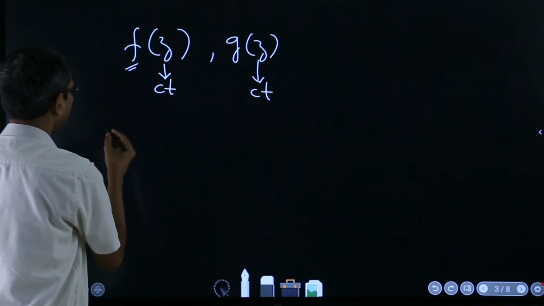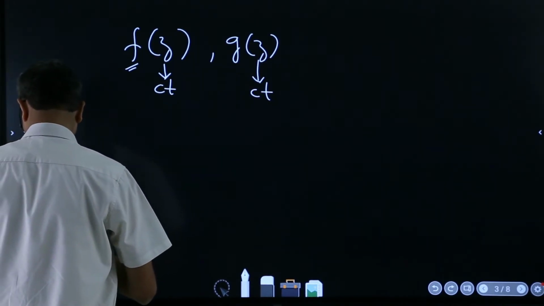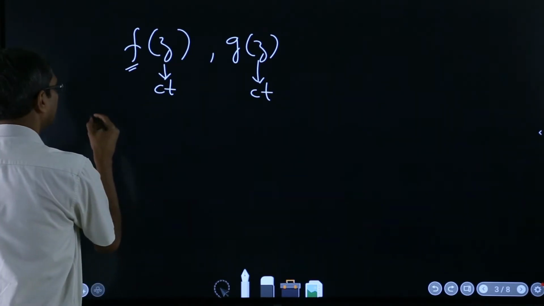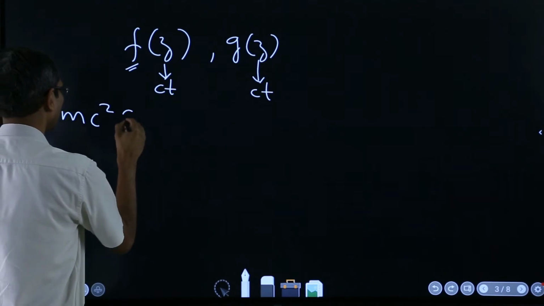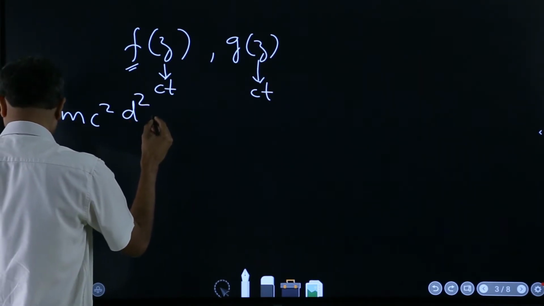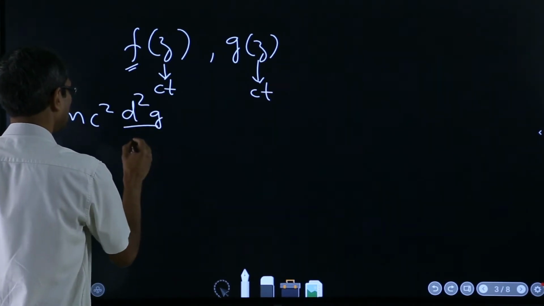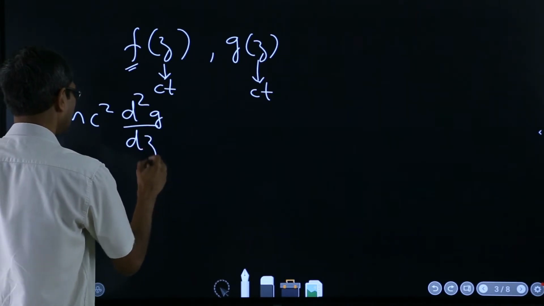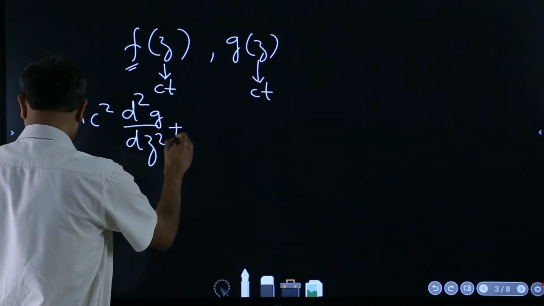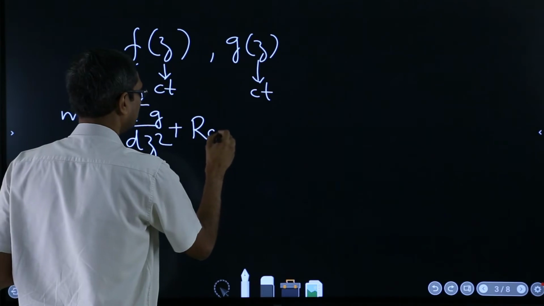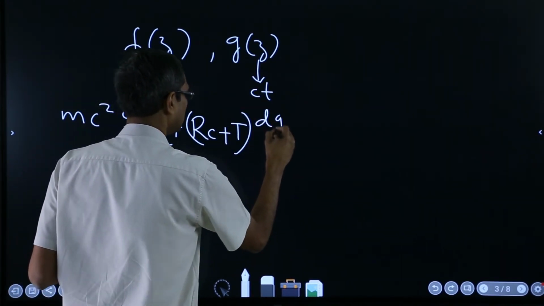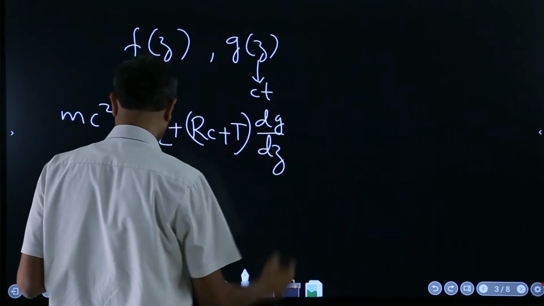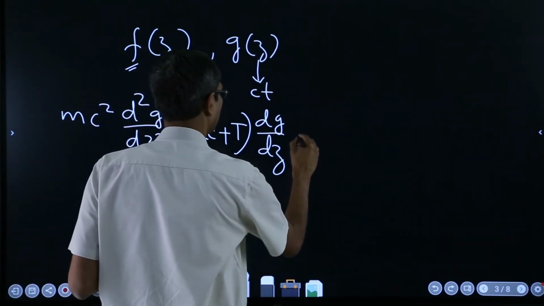You will get the equation, it is a long equation, I will just copy it here: m c square d square g over dz square plus rc plus d dg over dz plus kg.